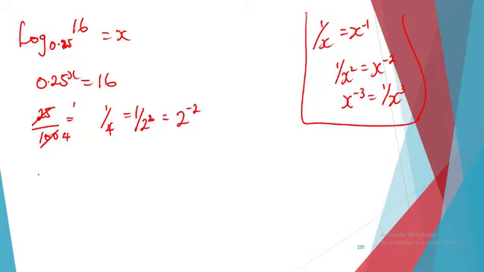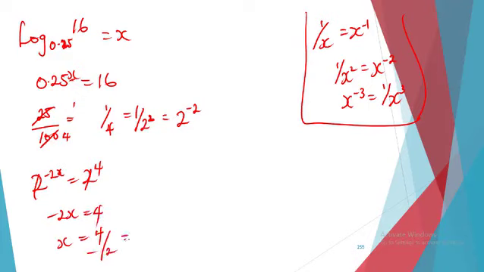So 2 raised to power minus 2x, because of this x here, is equal to 2 raised to power 4, since 16 is 2 raised to power 4. Therefore this 2 will eliminate this 2. Minus 2x is equal to 4. x is equal to 4 divided by minus 2, which will give us minus 2. Do we understand?